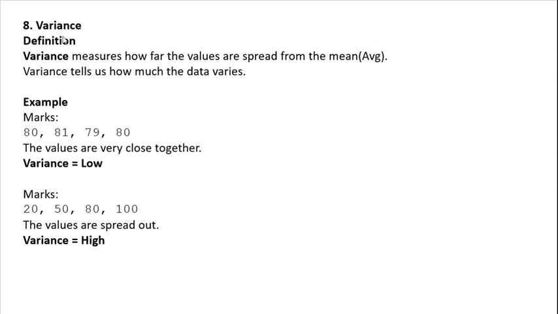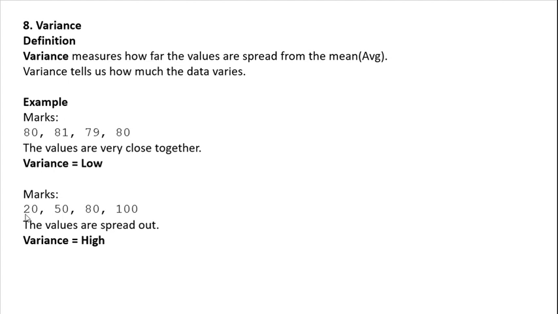Eighth is variance. Variance measures how fast the values spread from the mean, which is called the average. The variance tells us how much the data varies. For example, if the marks given are 80, 81, 79 and 80, these values are very close together, so the variance is low.